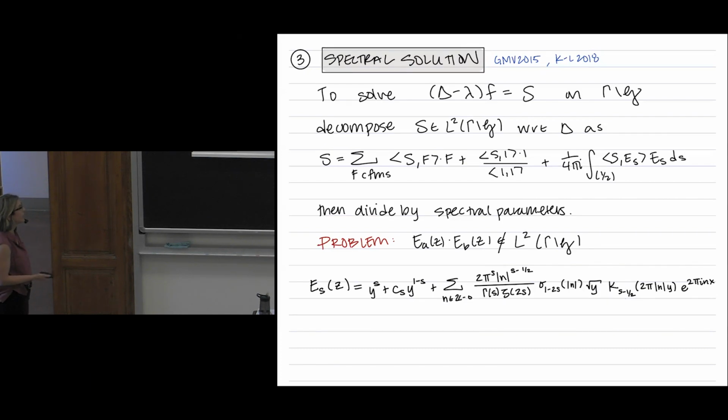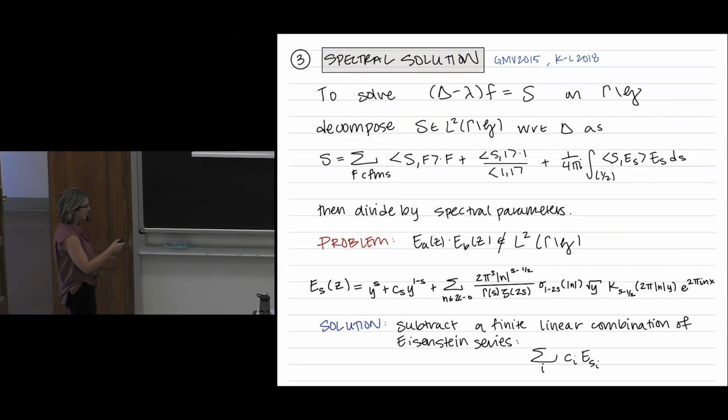So we do just a little hack, which Nathan alluded to yesterday, which is basically subtracting off some amount of these constant terms. But we have to subtract off these constant terms in a way that's automorphic, so that it's still SL2Z invariant and I don't fall out of this part of the space. So I subtract off a linear combination of Eisenstein series.